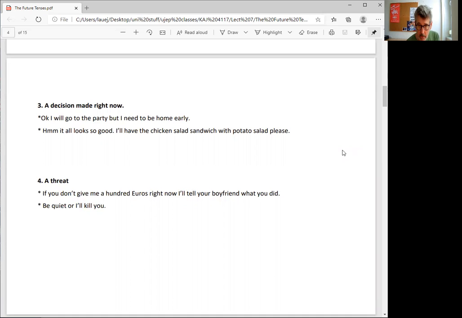If you're in a restaurant and you're looking at the menu and you don't really know, and the waiter comes over and you're like, okay, yes, I'll take the Ledvinky. I don't know why anyone would take that personally, but that's what you will have. You decide right now. And this is key. This is one of the differences we'll see between going to and will. Will is if I make a decision right now, I'm going to use will.